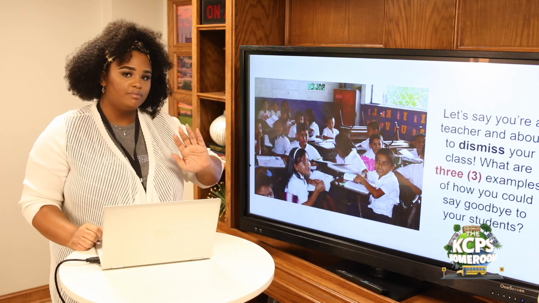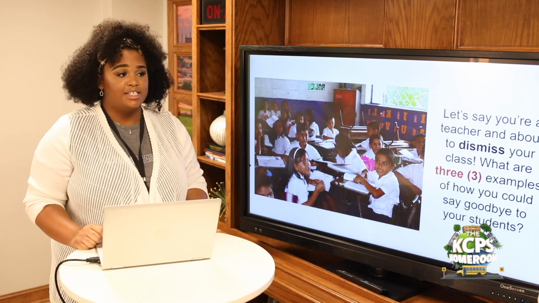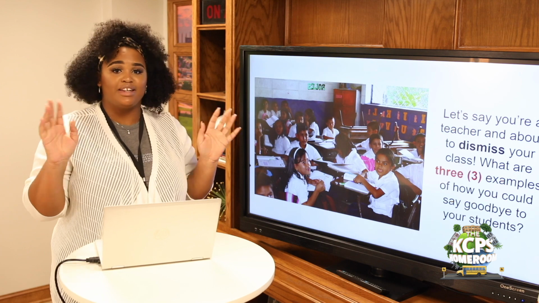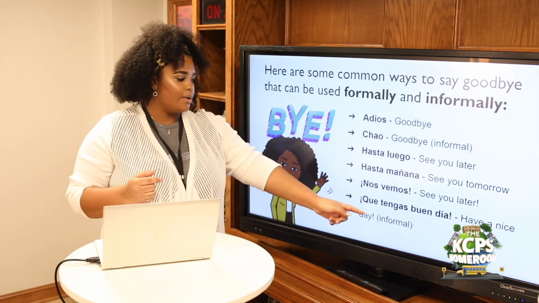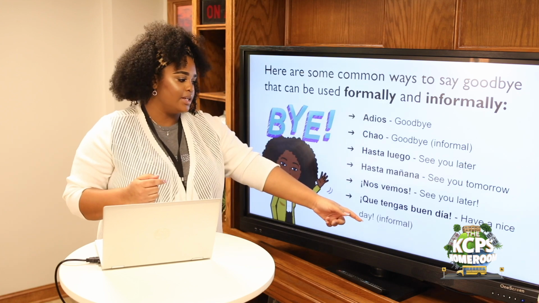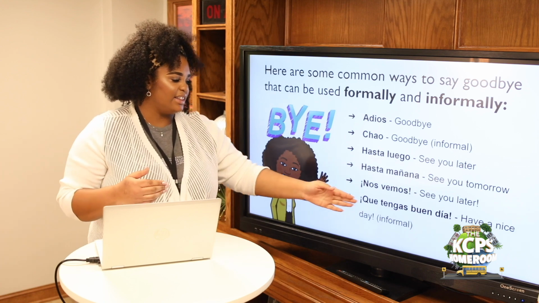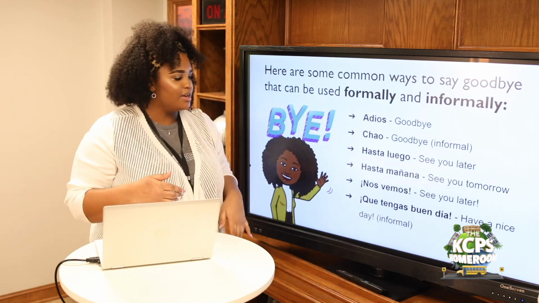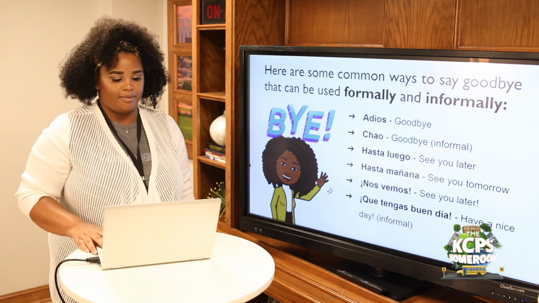So, adios is definitely an option. Ciao is definitely an option. Hasta mañana is definitely an option. But to go back, any of these options will work for your classmate or for your students. So the only thing is you may change que tengas to que tengan, but that's another topic for another day. So these work perfectly fine for ways to say goodbye.